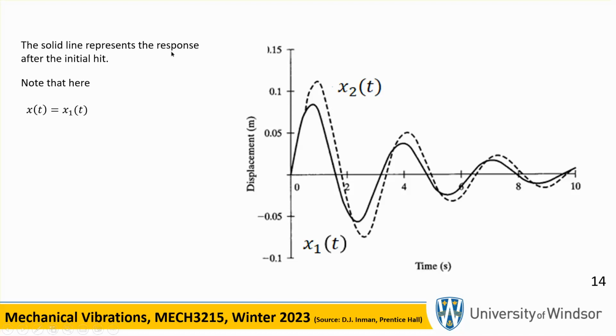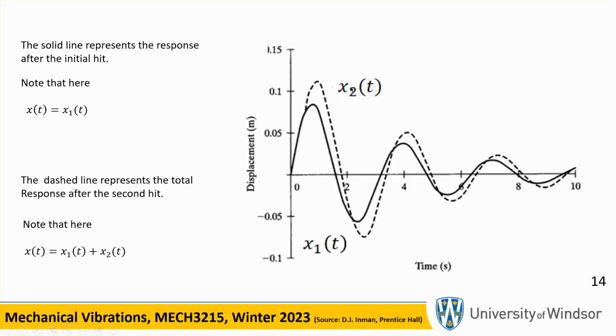So the solid line represents the response after the initial hit. Initial hit, that's it. The dashed line represents the total response after the second hit, the sum of x1 plus x2. And this is kind of misleading here. This actually should not be x2.